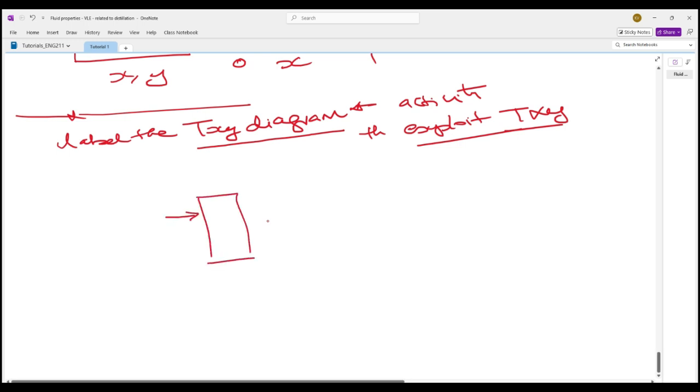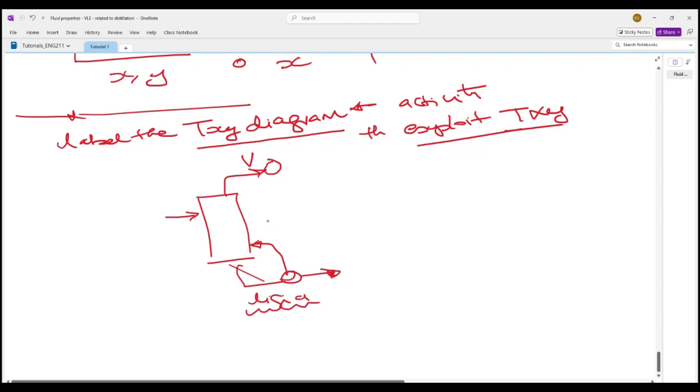So typically your distillation column will contain some feed, something goes out on the top, typically vapor, and something comes out at the bottom, typically a liquid. We are going to heat this liquid and send some of it back, and take some product out at the bottom.